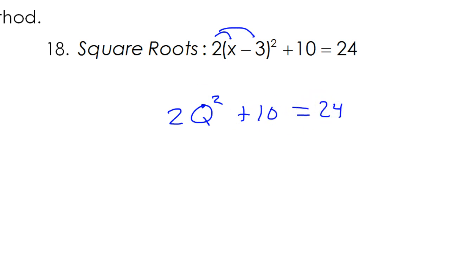Or even simpler, forget about the squared for a minute. What if I just had 2q plus 10 equals 24? What would you do? What would be your first two steps? And then almost all students can tell me, well, first I would subtract 10, then I would divide by 2.